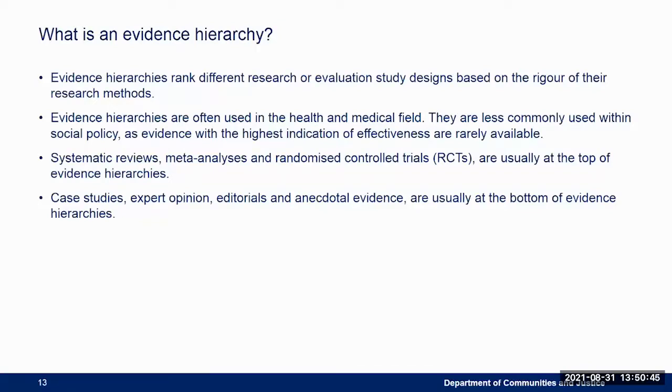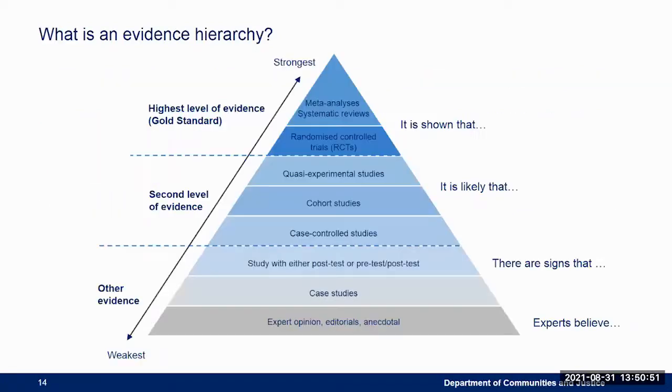Okay, so evidence hierarchies rank research based on the rigor of their research methods. I'm going to go quickly because I realise we are running a little low on time for this section. So obviously you can see here meta-analyses and systematic reviews at the top. So it's these sorts of studies that can say it is shown that the program is effective, and obviously RCTs too.